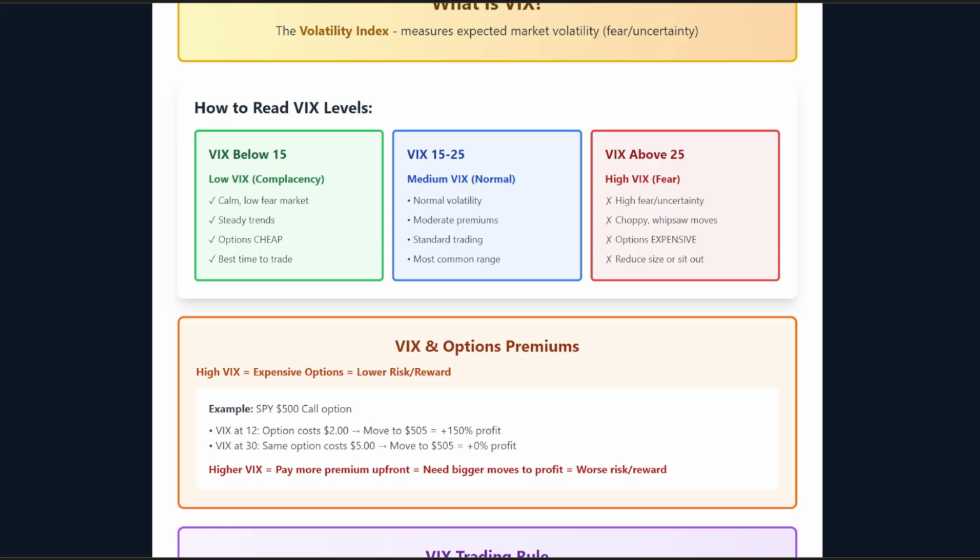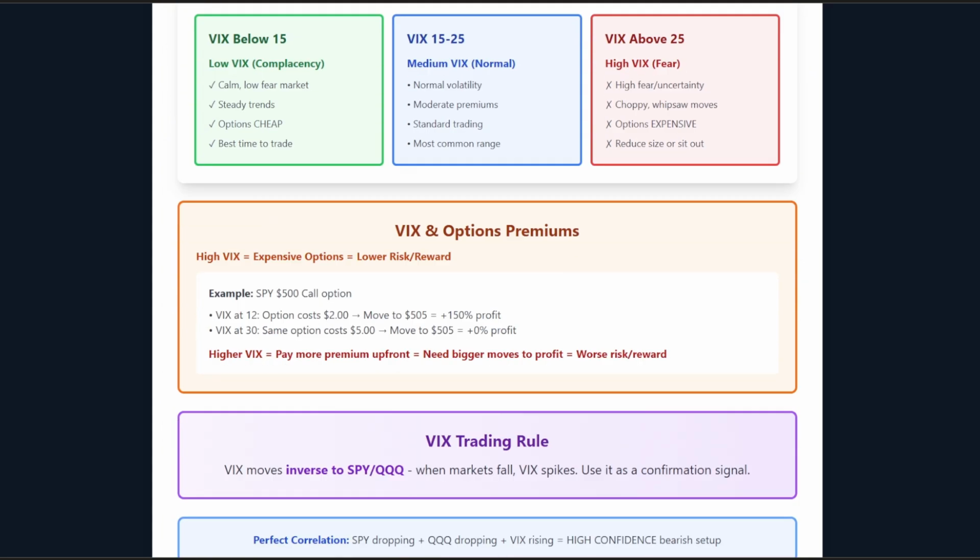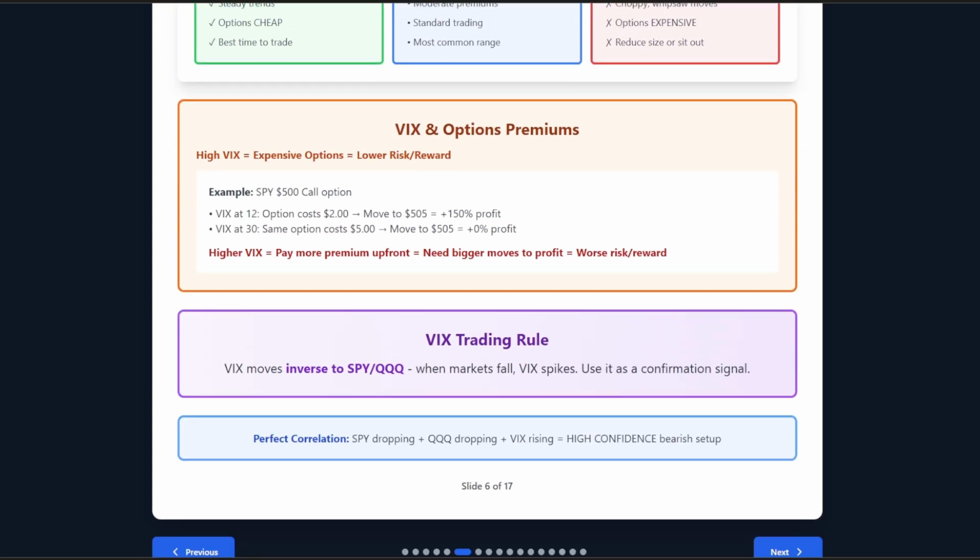Let's go down to VIX and options premium, right? High VIX equals expensive options equals lower risk to reward. So now the example here is the SPY 500 call option. If VIX is at 12, the option usually costs $200. The stock moves to 505, you get 150% profit, right?